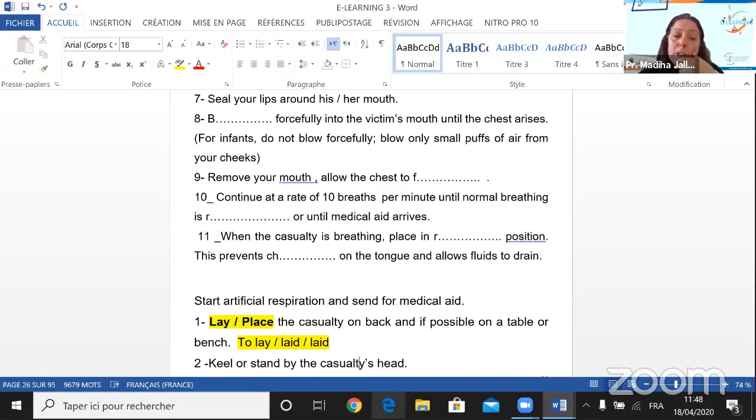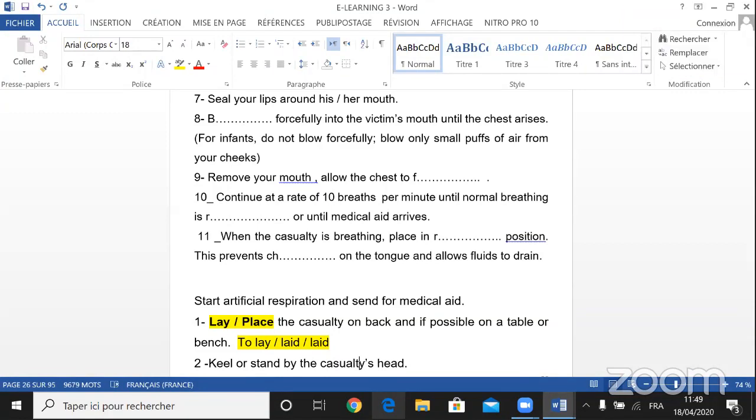Continue at a rate of 10 breaths per minute. Maybe 16, it's better than 10, I think. So continue at a rate of, say, 16 breaths per minute until normal breathing is restored, or regained, or re-established, or until medical aid arrives.